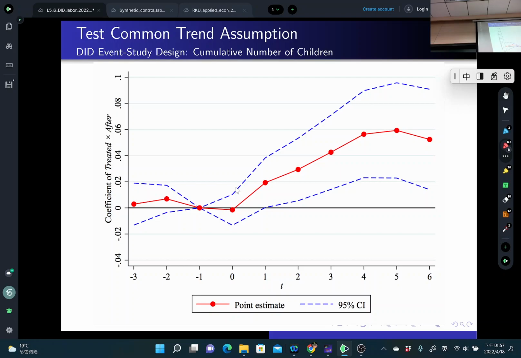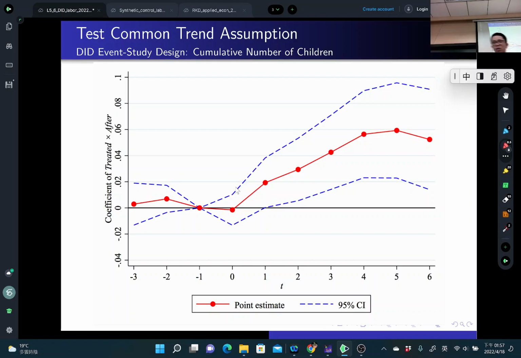Also, one thing I would like to remind you is that the effect for the winning year is 0. It makes sense because you need 10 months or around 1 year for pregnancy to give birth. So 1 year after winning the lottery, the number of children starts to become significantly positive.